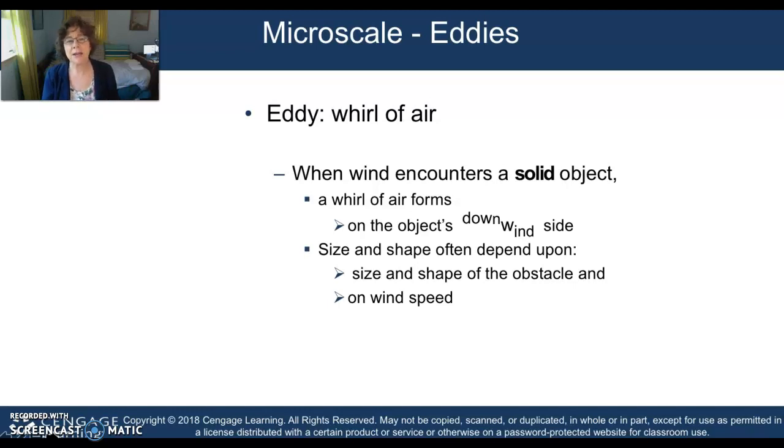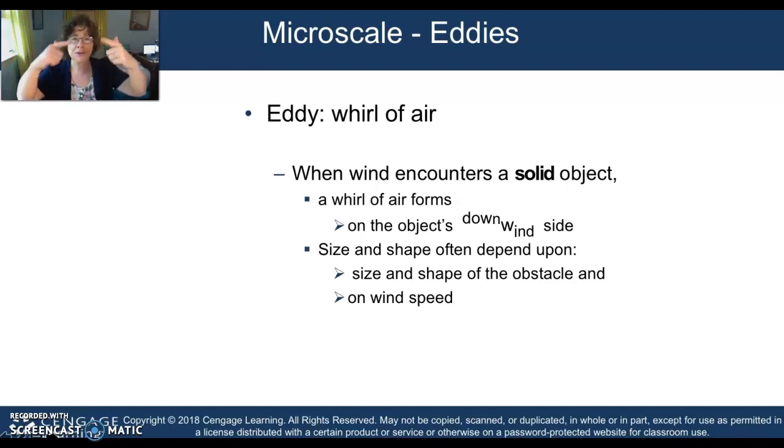It is talking about a whirl of air that forms on or as the result of an object that is in the way of the airflow. In this case, it is the smokestack that is containing the airflow out of an area or out of a building. That's considered an object that is impeding the flow and causing turbulence in the flow.